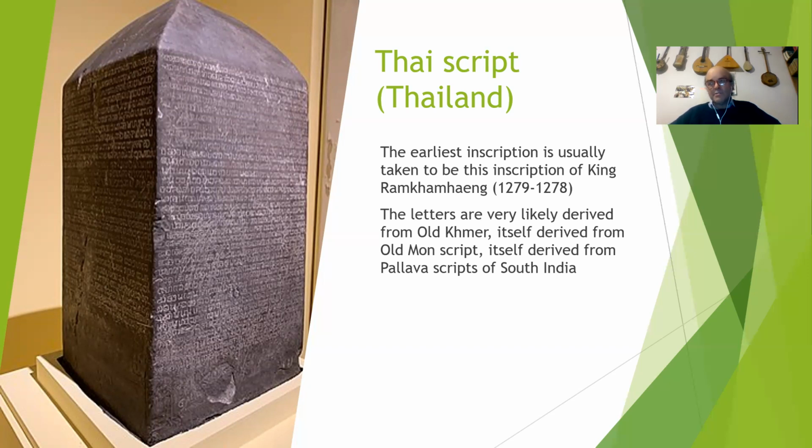That's the old script of what is now Cambodia, which is itself derived from the Old Mon, which is itself derived from the Pallava scripts of South India, which are themselves derived from the Brahmi script, as I mentioned before. The Ramkhamhaeng script, however, has certain very important innovations, and one of them is the marking of tones.